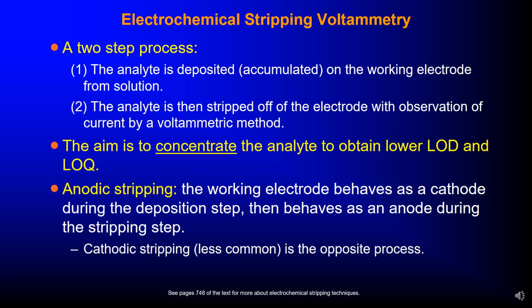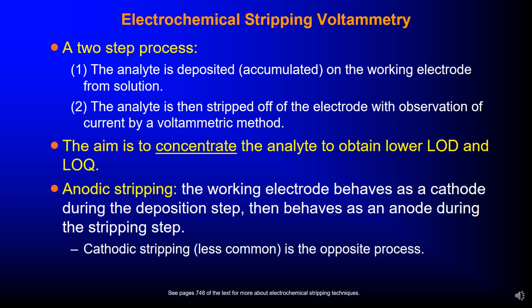So the magnitude of the current of the stripping peak is directly proportional to the concentration of analyte in mercury.